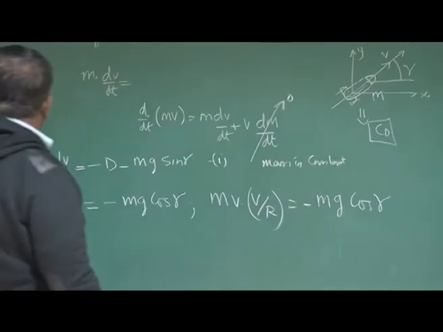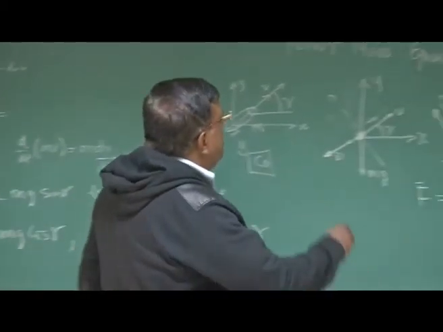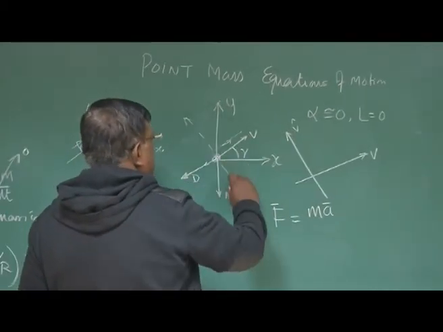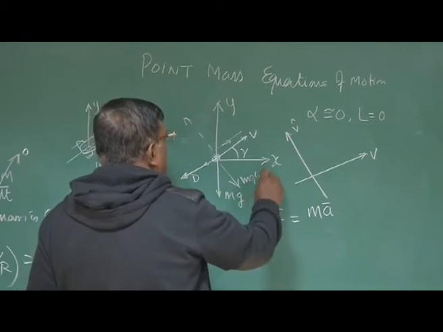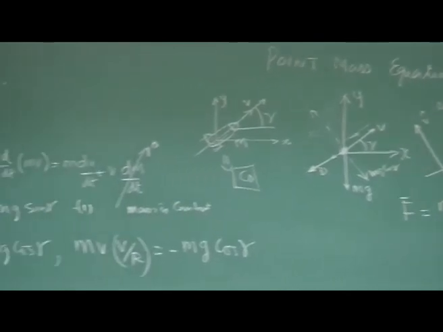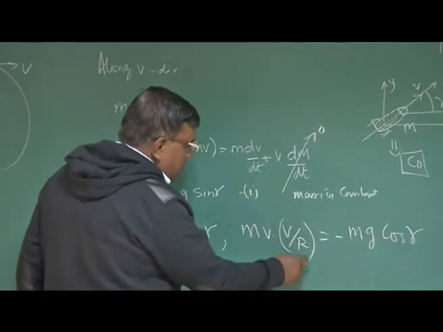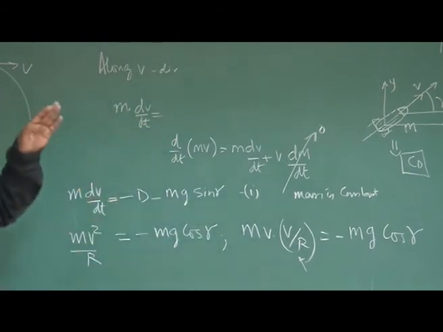What is r here? In mv square by r, r is the radius, right? Because this force, whatever is there, mg cos gamma, will try to turn the trajectory. So there will be a radius of turn. So now, what is v by r? v by r is the rate at which this velocity is turning, right?